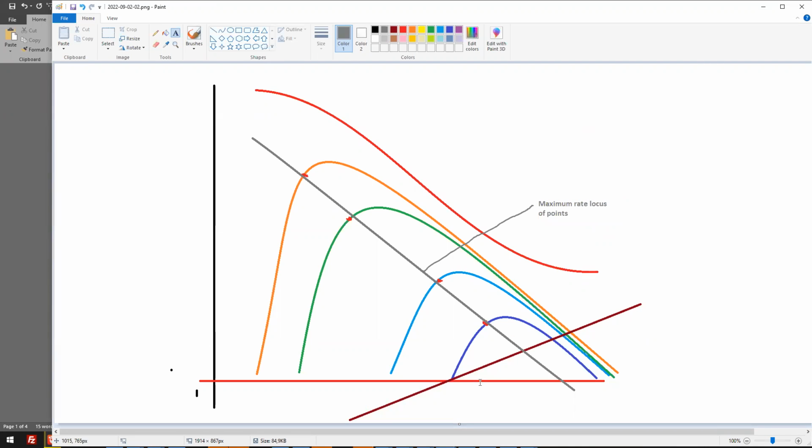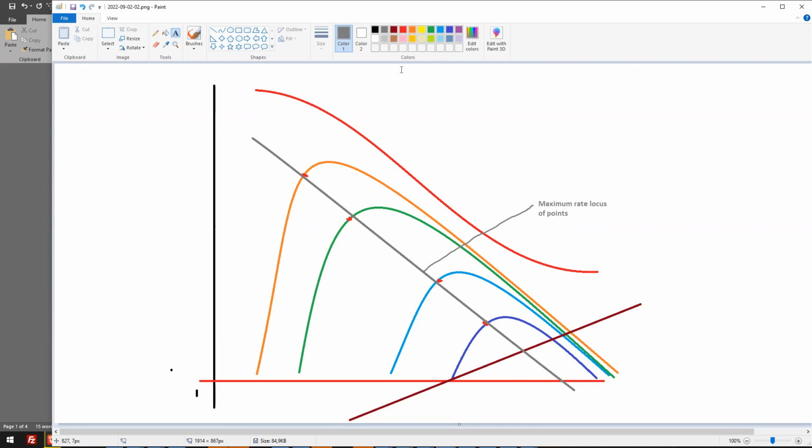So moving along this red line, remember the dark red line is our original operating line. So moving in this direction along this dark red line, if my gradient is like this, then my maximum achievable rate is where this red line intersects with this gray line.